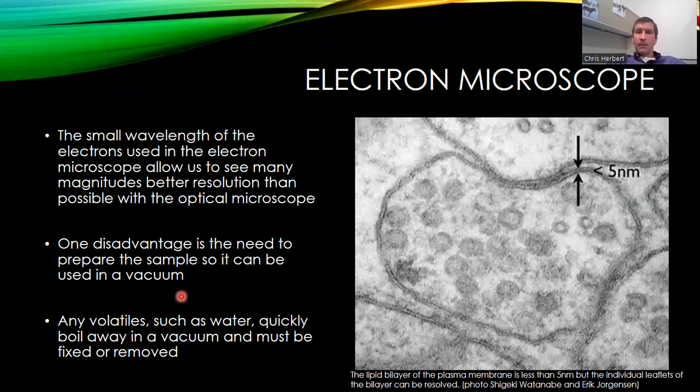So it's not like you can take pond water, put it on a slide, put it under the microscope like you can with an optical microscope and take a look and see what's happening here. These samples are basically in a vacuum because the electrons can't propagate through air very easily. They're going to run into a lot of problems when you try to do this.